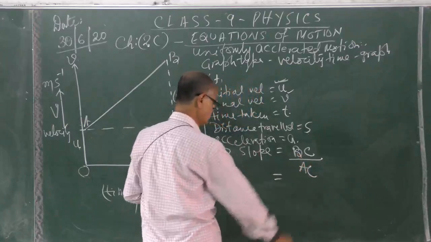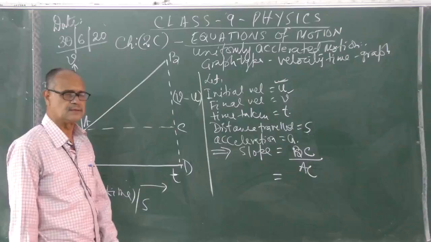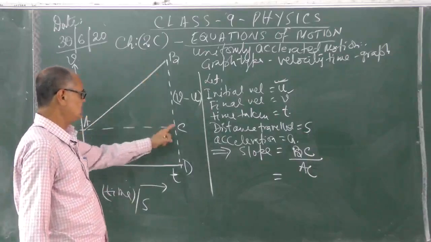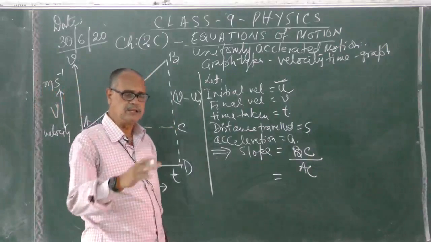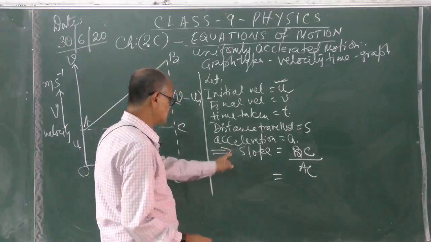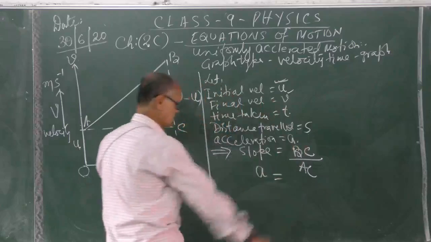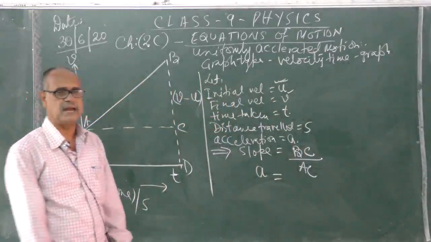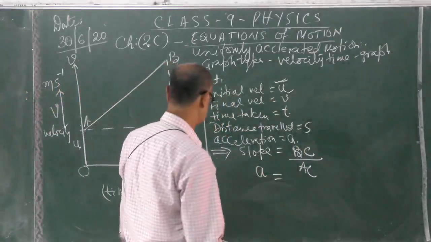This slope gives us ordinate by abscissa. By units, the other day we found the units, and from there we came to know the slope is nothing but the acceleration. In a velocity time graph, the slope shows the acceleration.